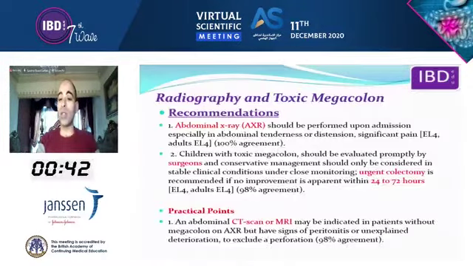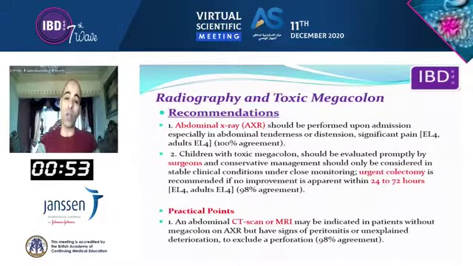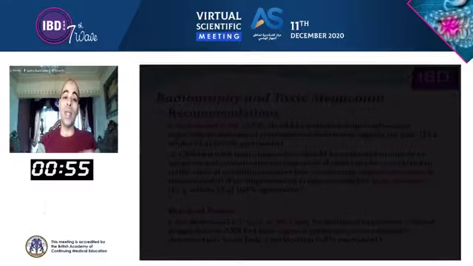Don't forget toxic megacolon should be excluded by X-ray. Even if X-ray is normal, but I have signs of peritonitis, I must proceed to CT and MRI to exclude toxic megacolon, which will need surgery.